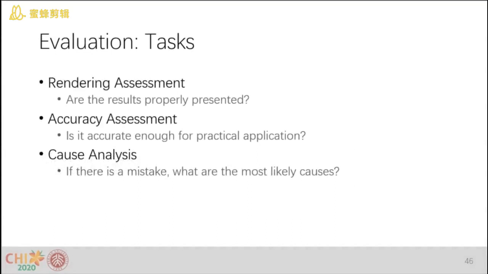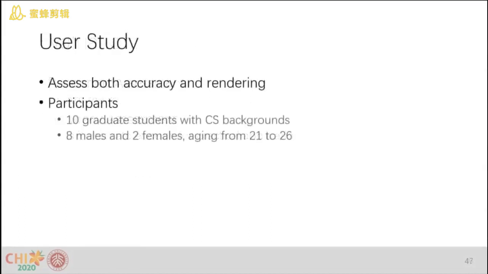In order to evaluate the performance of our system, we need to assess both the rendering and the accuracy of the annotations. It's also important to improve accuracy by finding out the causes behind inaccurate cases. First, we conduct a user study involving 10 participants, all of whom are graduate students with computer science backgrounds.